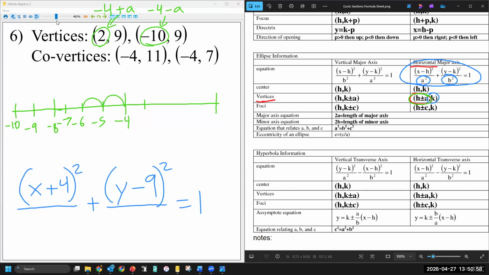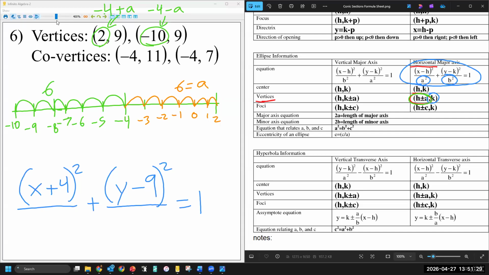How many spaces? 1, 2, 3, 4, 5, 6 spaces. Now, I don't even have to do it both ways. Let's do it one or the other. So there's negative 4, negative 3, 1, 2, 3, 4, 5, 6 spaces. So my a is 6.